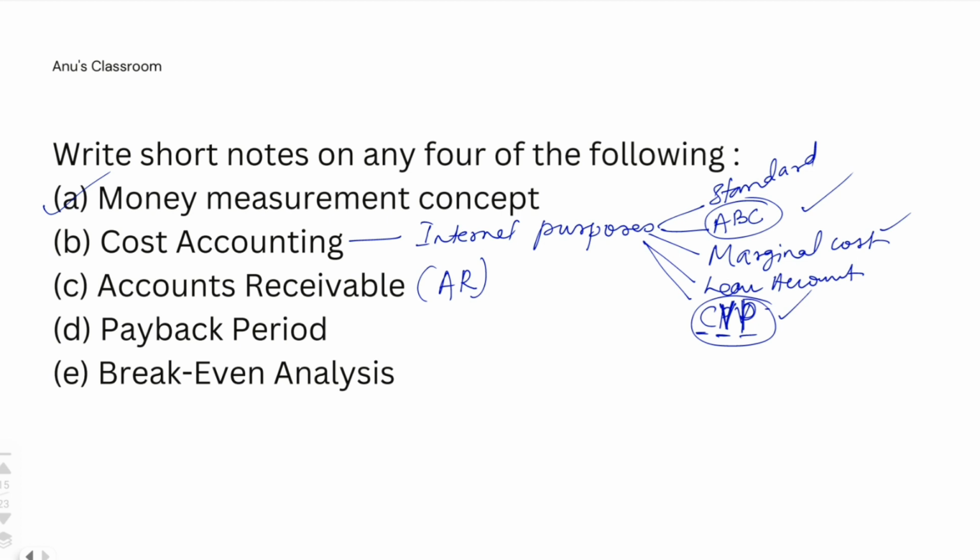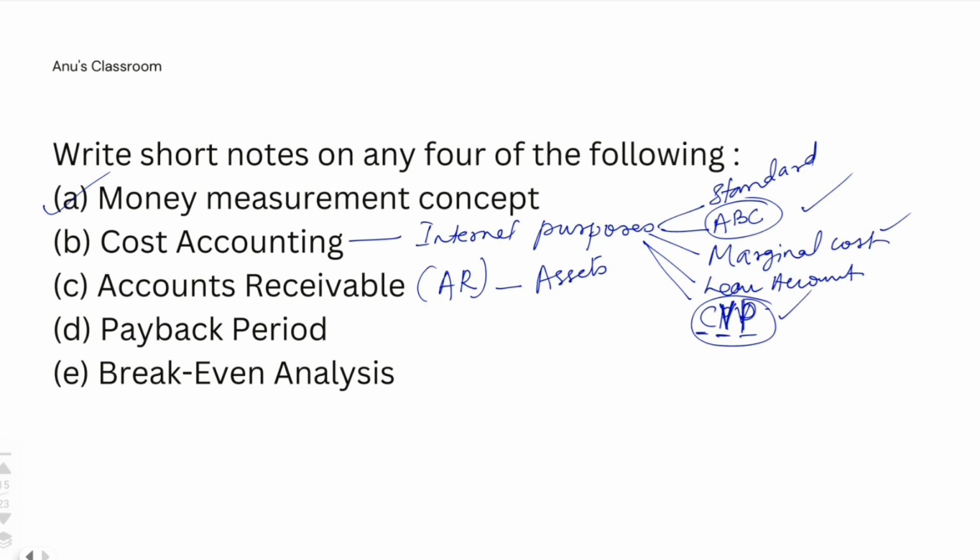We are rightfully eligible to get the amount of money equivalent to the price of the product or good that we sold to the customer. Therefore, accounts receivables are assets to the company.